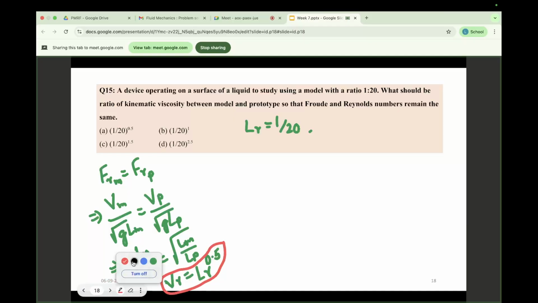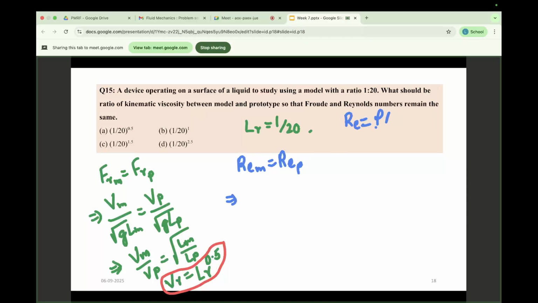That is the thing we have got from this equivalency. Now I will take the concept of Reynolds number equivalence. As the Reynolds number is equal, again I write Reynolds number of M equal to Reynolds number of P. Reynolds number, Re, is rho V L by mu. In this question, kinematic viscosity is known. Kinematic viscosity nu is equal to mu by rho.